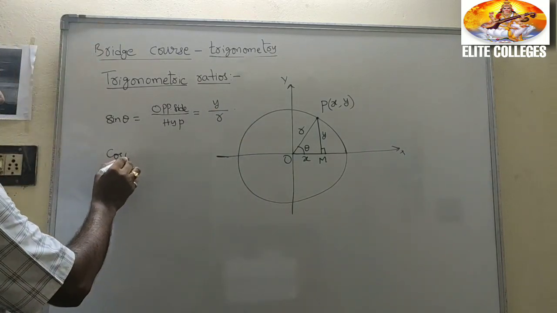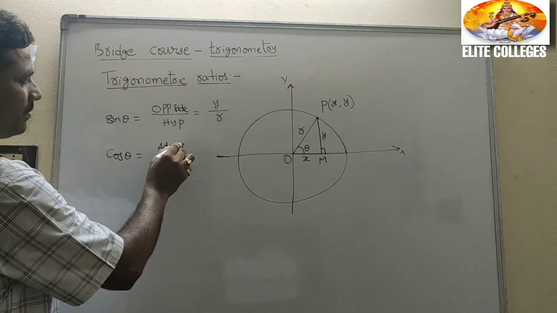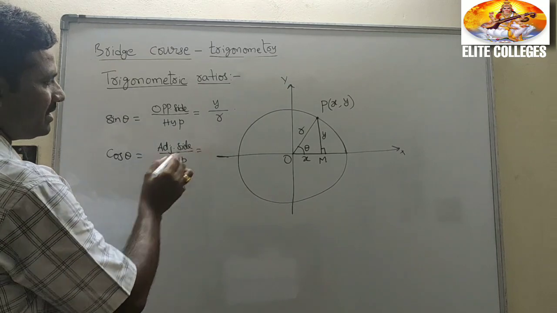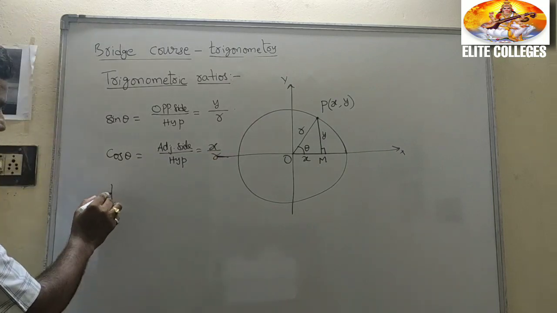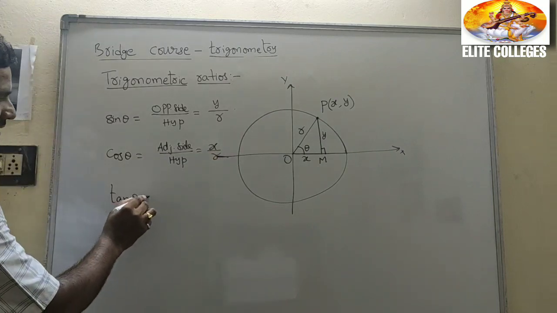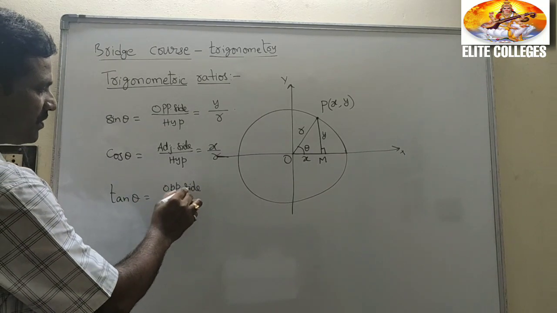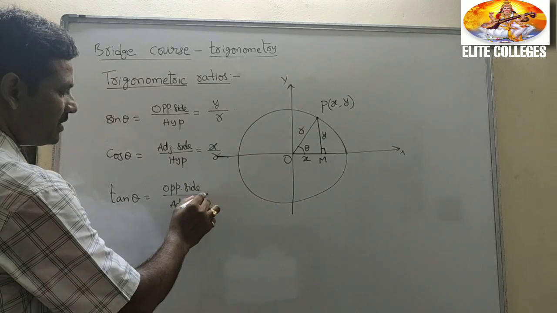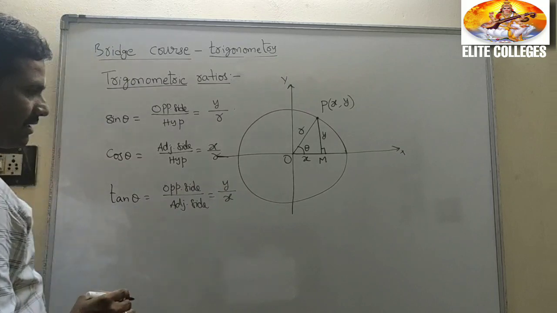Cos theta equal to adjacent side by hypotenuse, x by r. Tan theta equal to opposite side by adjacent side, y by x.